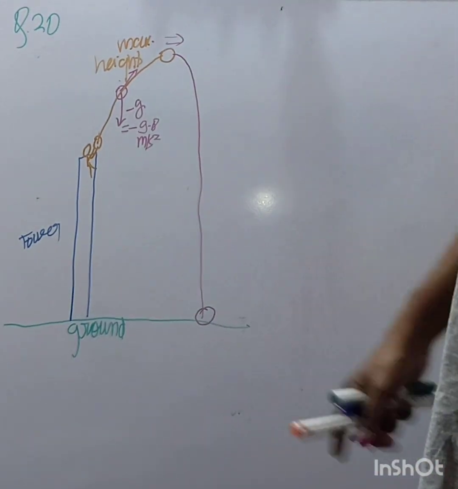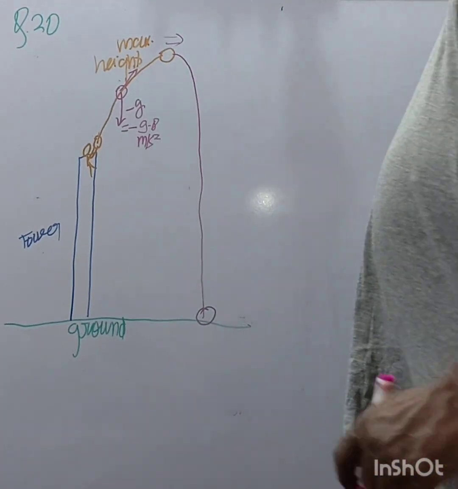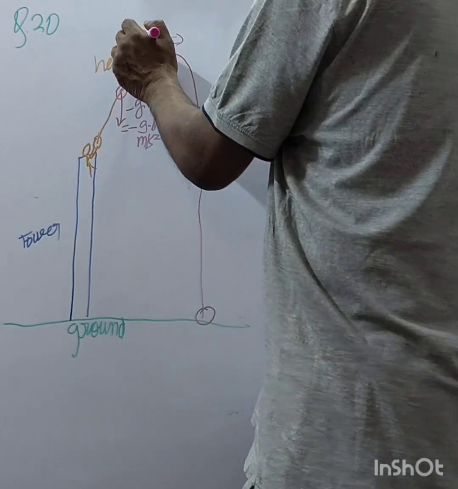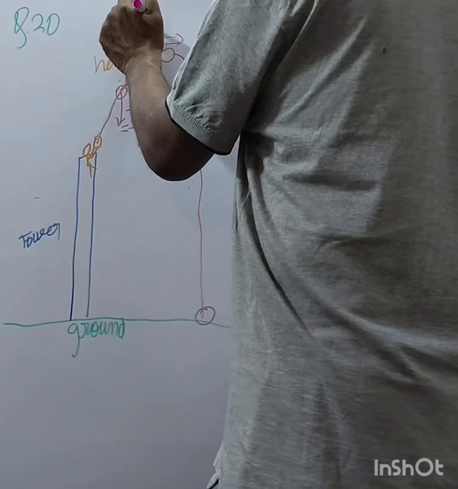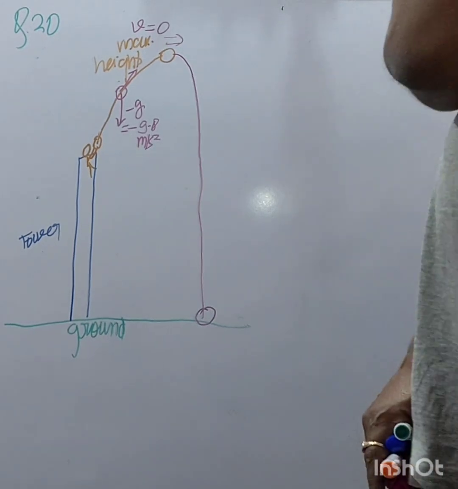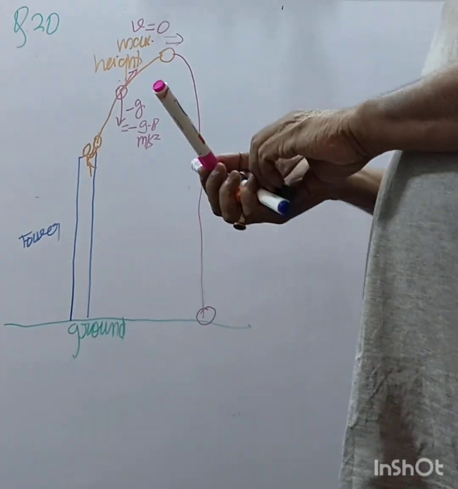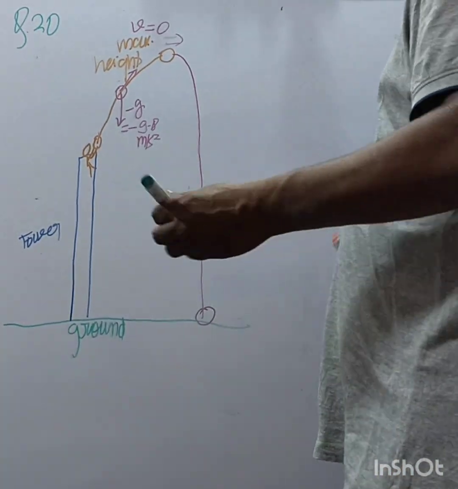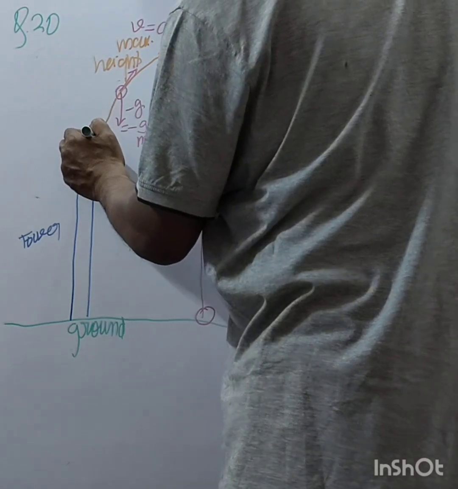This negative acceleration is working on it. And when it reaches here, the final velocity is equal to 0. Right? Initially at what velocity is it thrown? Initial velocity of 19.6 meter per second.